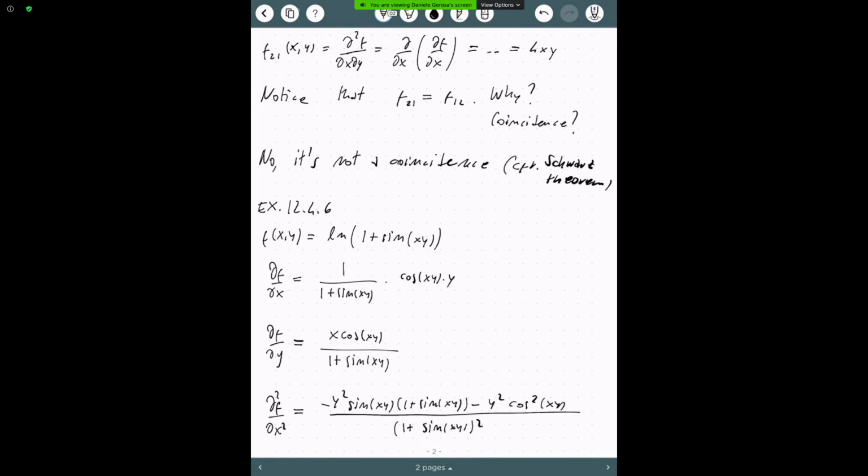This is equal, now I go to the other page, this is equal to, because you do simplifications, right? You get minus y squared times 1 plus sine of xy, divided by 1 plus sine of xy squared, and then you can simplify this. So you get minus y squared divided by 1 plus sine of xy, right?